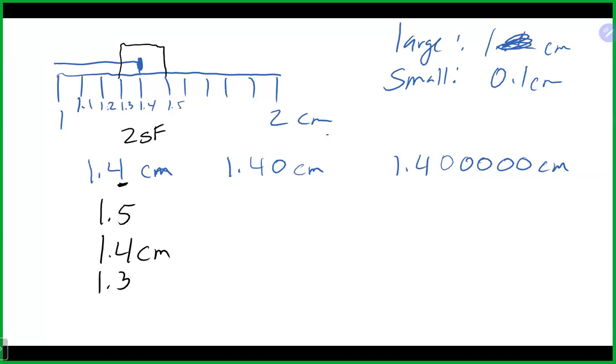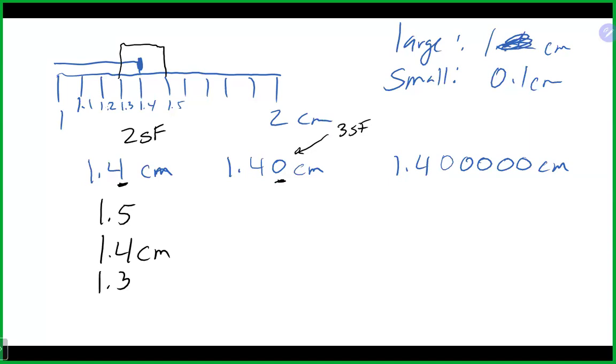Let's take a look at this one. How many significant figures should this one have? When we record a measurement, we record all the certain numbers and the first uncertain number; they're all significant. So if I recorded this as my measurement, how many significant figures does it have? 3, yeah. So this would have 3 significant figures. The uncertain digit in this case would be the 0.